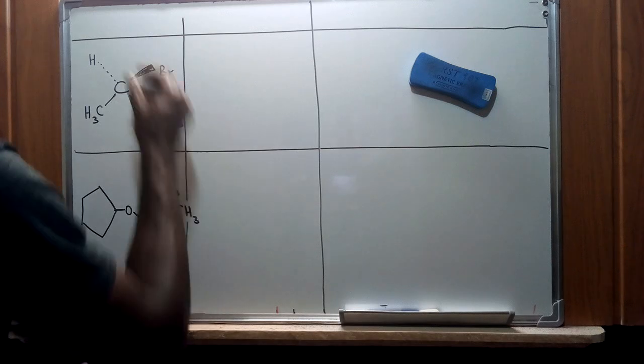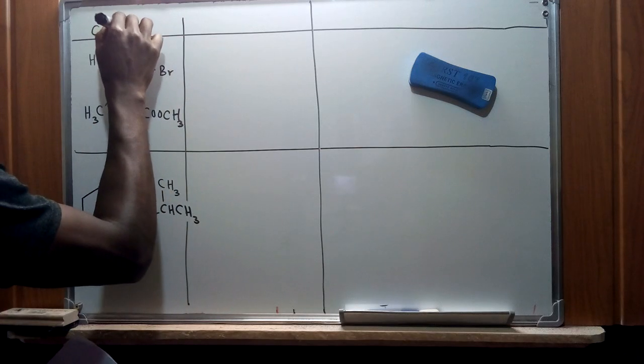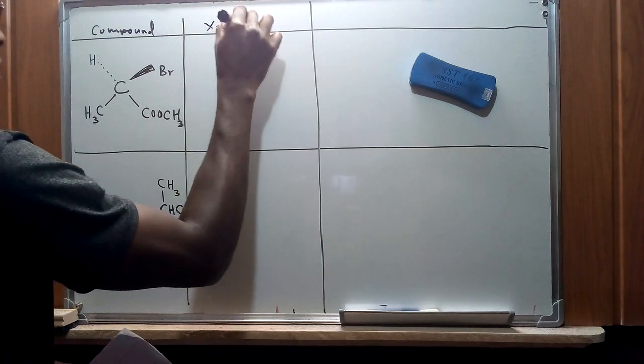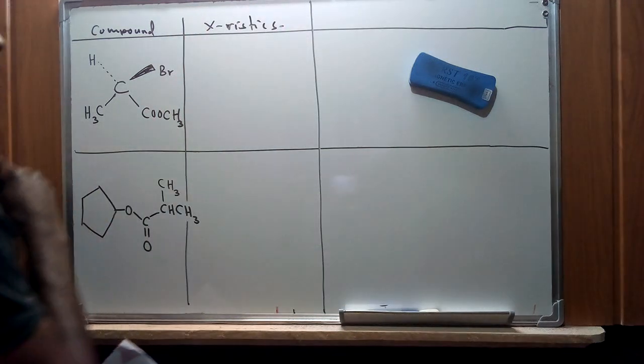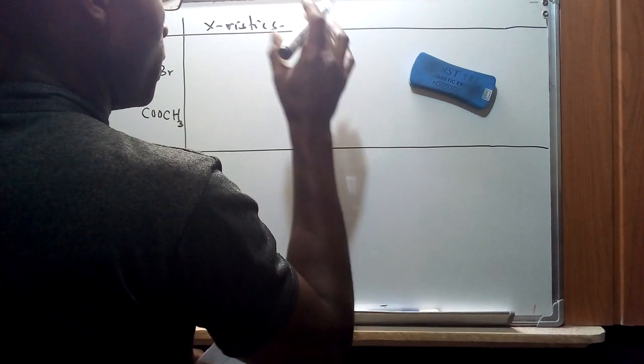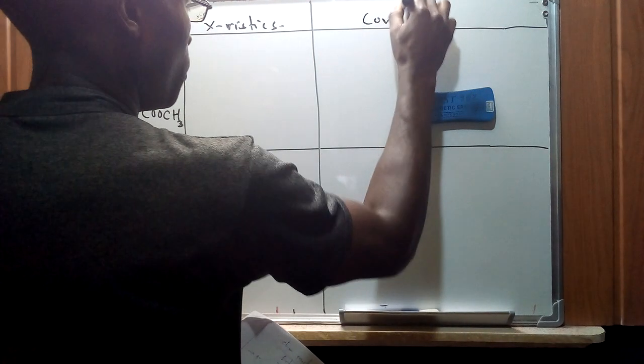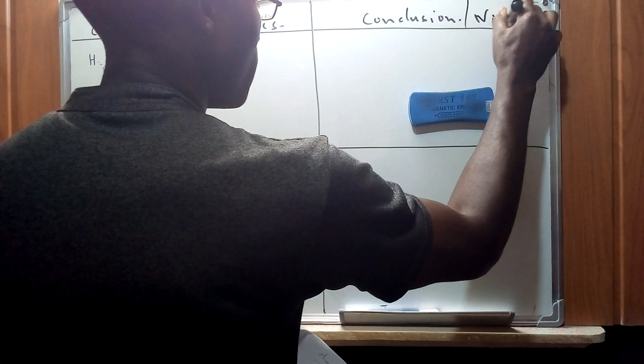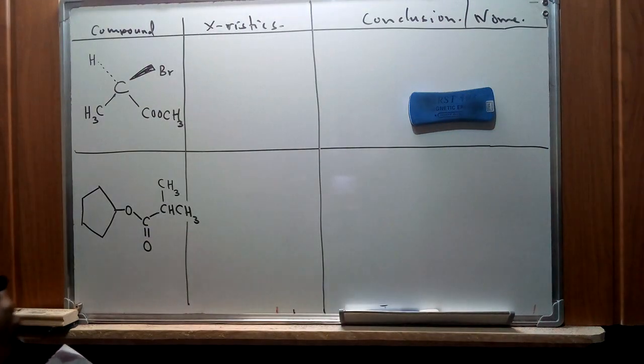So in that case, I'm going to list this as a compound, and these are the characteristics that we can identify. And perhaps this is going to be our conclusion on which molecule, or maybe the nomenclature. That is going to give us a conclusion on which kind of molecule it is and which class of organic compounds it belongs to.